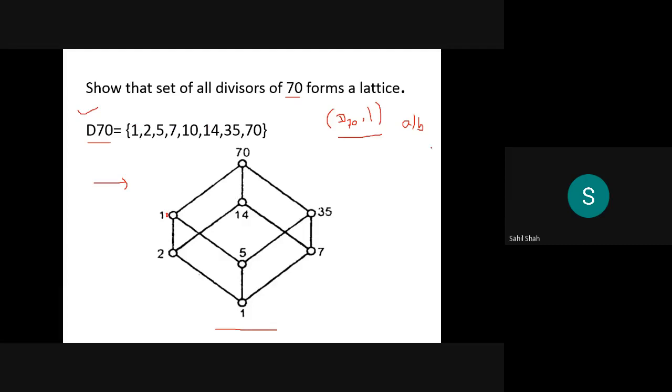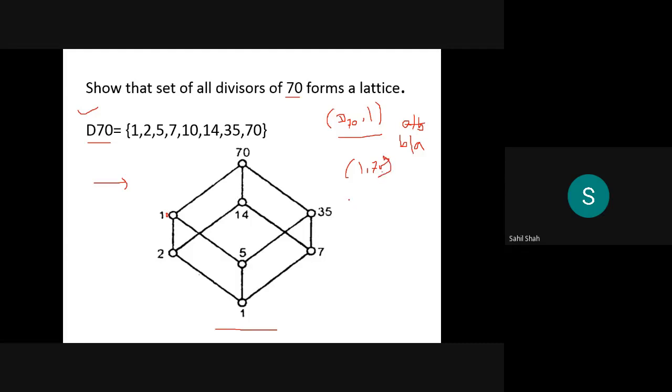Thereafter you have to check pairs like this: b upon a, so that you will not have any confusion. With b in the numerator and a in the denominator, you can have pairs like 1 is dividing 70, so I will have this pair.